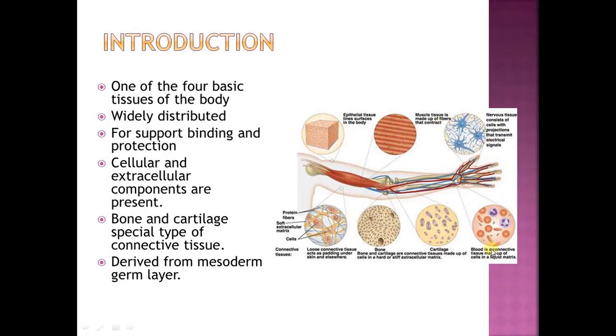Apart from that, we have connective tissue, which accounts for almost everything present except these three tissues. So they are your blood cells, your cartilage, your bone and other types of loose connective tissue. They are mainly for support, binding and protection.